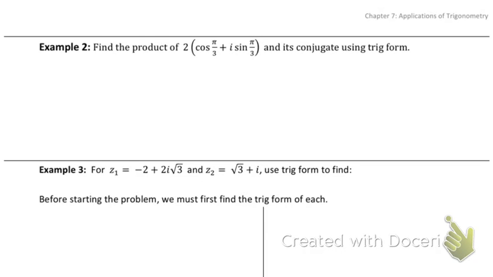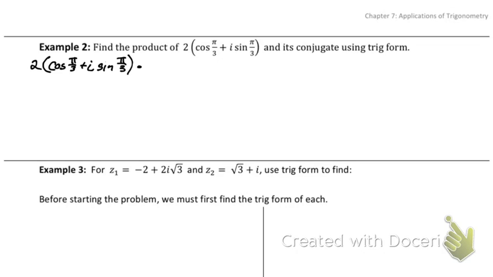All right, it says find the product of 2 times cosine pi over 3 plus i sine pi over 3 and its conjugate. So we're going to multiply this by its conjugate. What that's going to look like is we're going to have 2 times that cosine pi over 3 plus i times the sine of pi over 3, and we're going to multiply it by the conjugate.